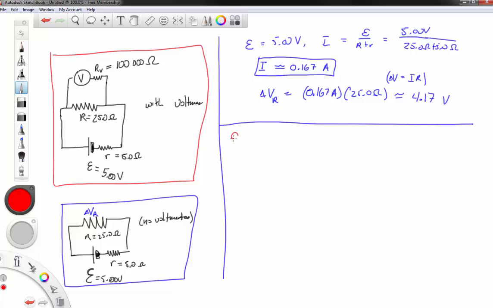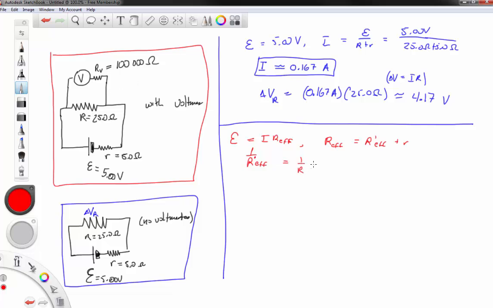Again, we can write that epsilon is I times R effective, but now R effective is, we'll call it R prime effective, plus little r. R prime effective you get by using the fact that these two are in parallel with each other.